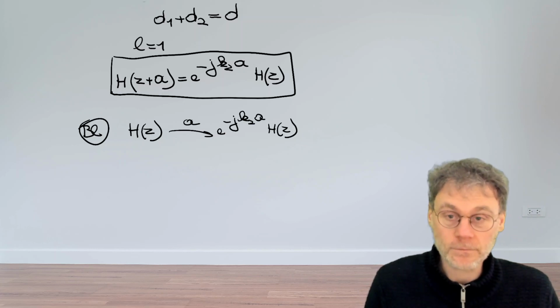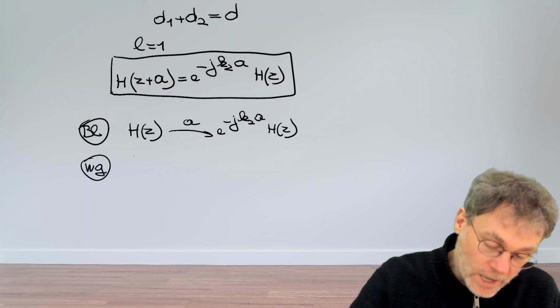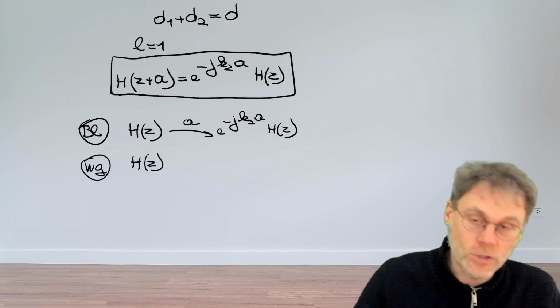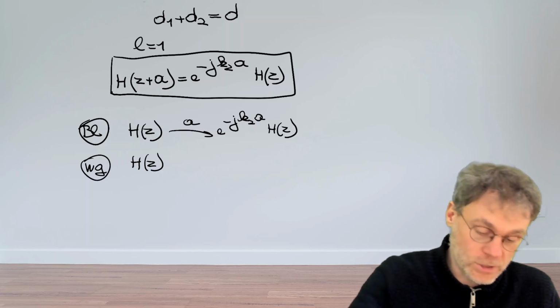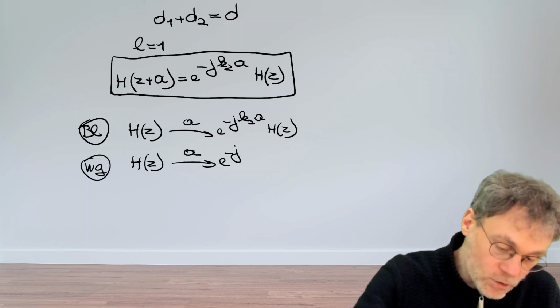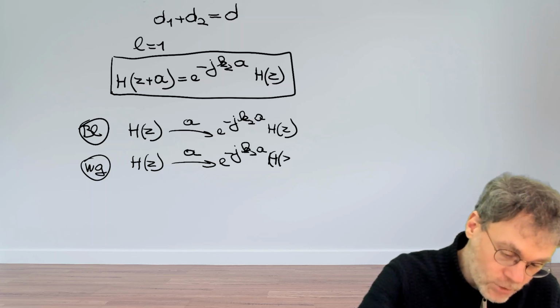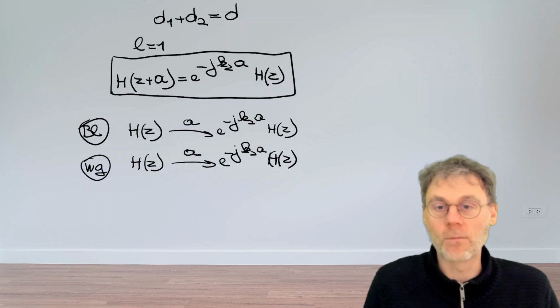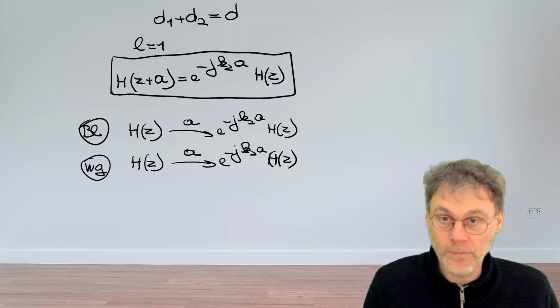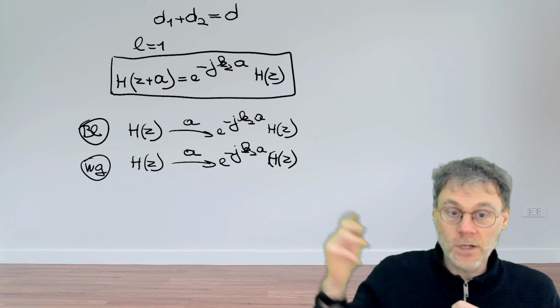Okay. What happens if you have a slab waveguide? If you have a slab waveguide and you start with the field at a certain position z, and you move over a certain distance a, then you end up with the same field h of z, but you multiply by exponential minus j kz a. So far, so similar, right? It's exactly the same phase factor that you pick up.